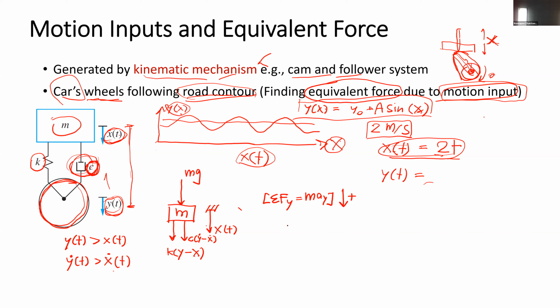So we have k(y - x) plus c(y dot - x dot) plus mg is equal to m x double dot.